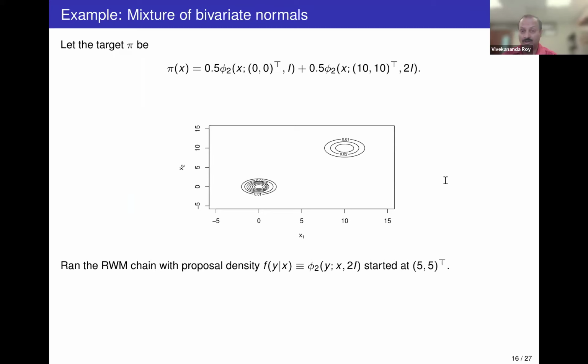It is trapped in a local mode. So I use a normal random walk proposal with covariance 2 times identity, and I start at the middle, (5,5). Then I consider 3 different variants of the geometric Metropolis. That is 3 different choices of G, but with the same F, this random walk F.